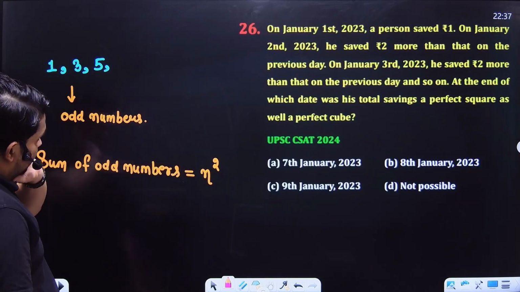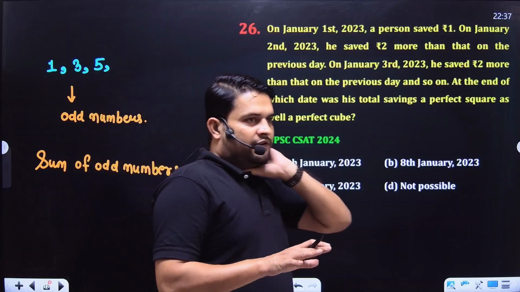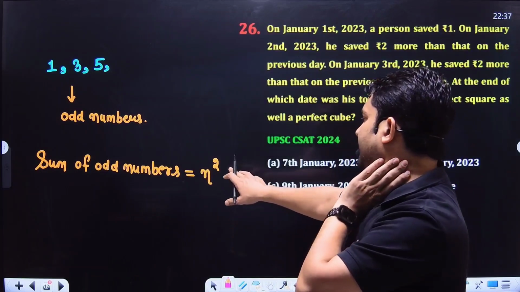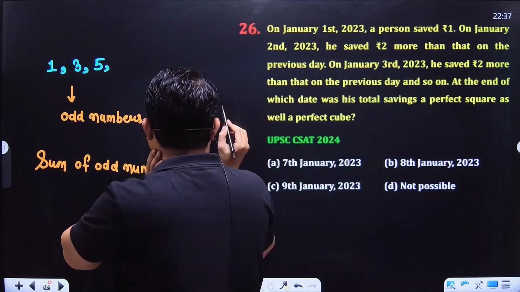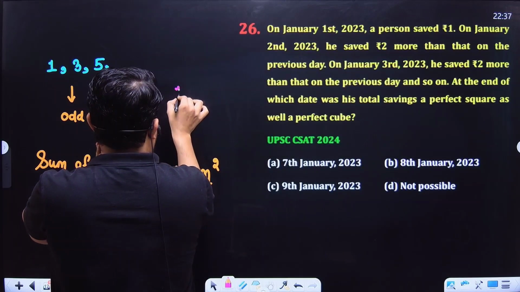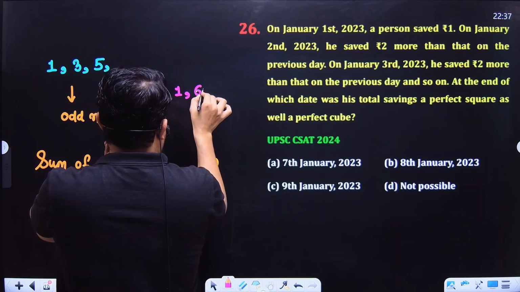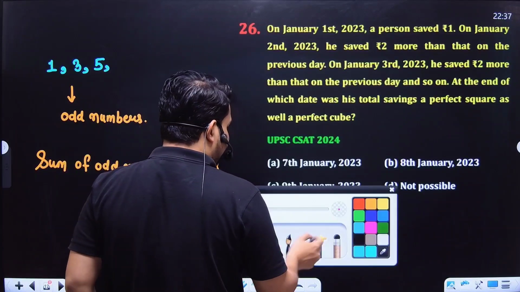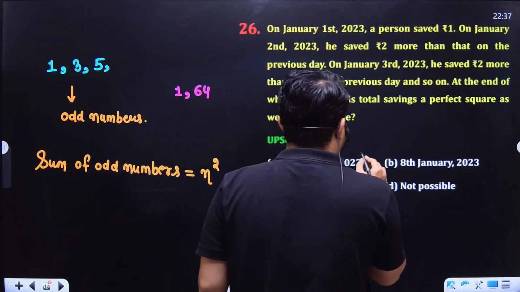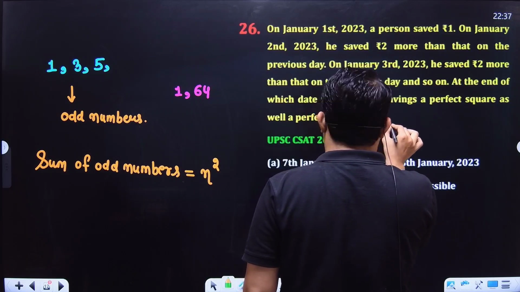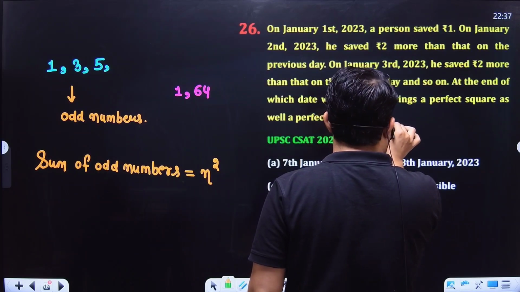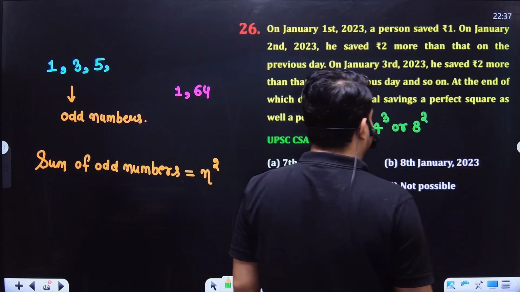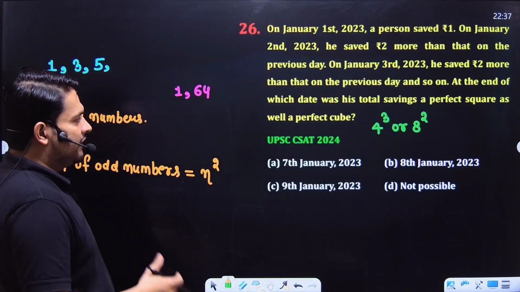See, here the first perfect square or perfect cube is 1, so we cannot take n square equal to 1. Next is 64. 64 is a perfect square and a perfect cube, because I can write 64 as 4 cube or 8 square.